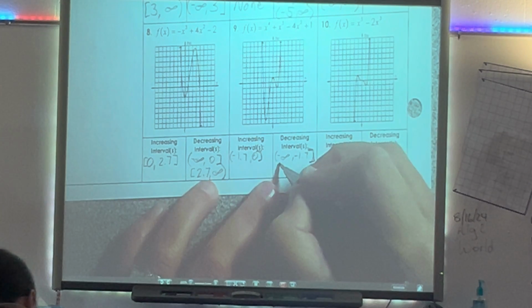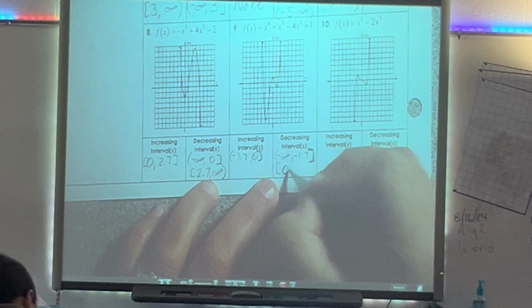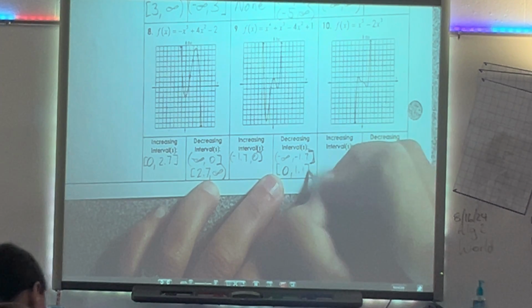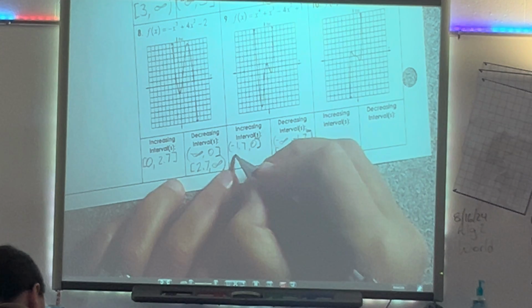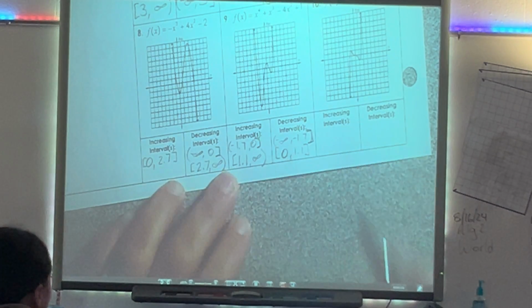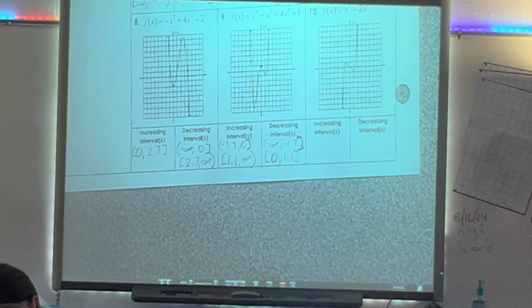Then it decreases from 0 to 1.1, which is what I've got. And then it increases again from 1.1 to infinity. Are y'all okay with that one? That's pretty typically how an x to the 4th is gonna do.